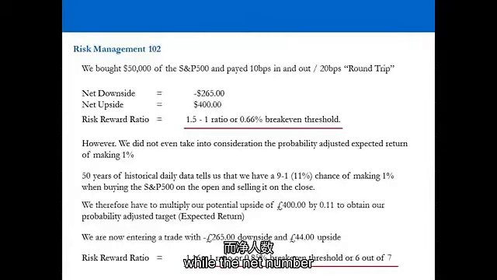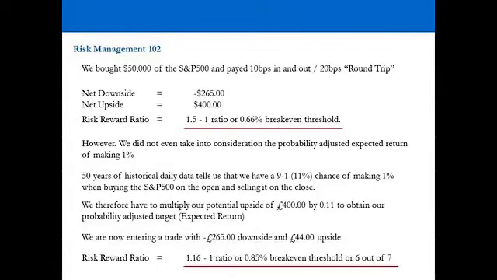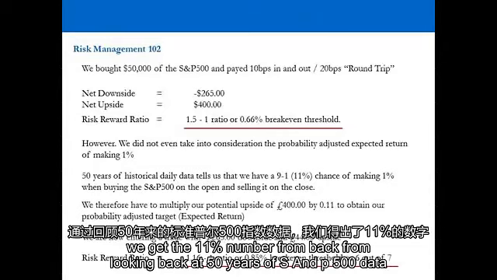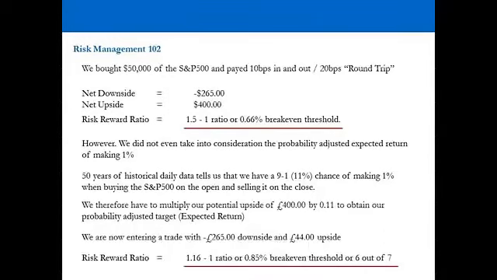So gross, well, the net number, so gross it was 33% break-even threshold. Net it was 66%. Probability adjusted, well, we get the 11% number from looking back at 50 years of S&P 500 data. And we're going to look at that in a second.